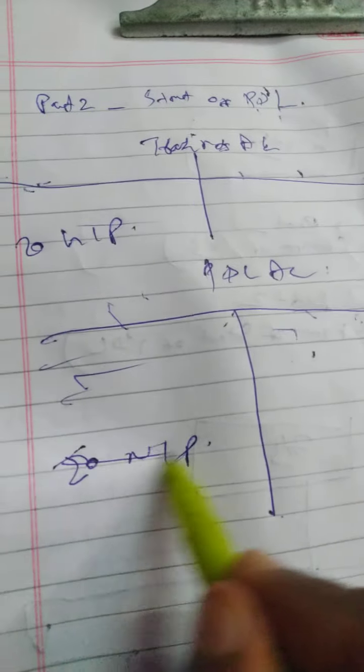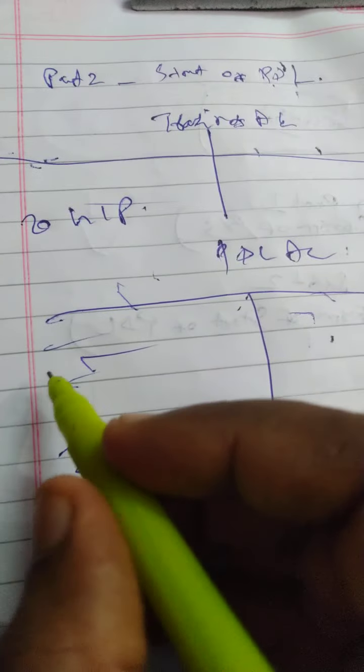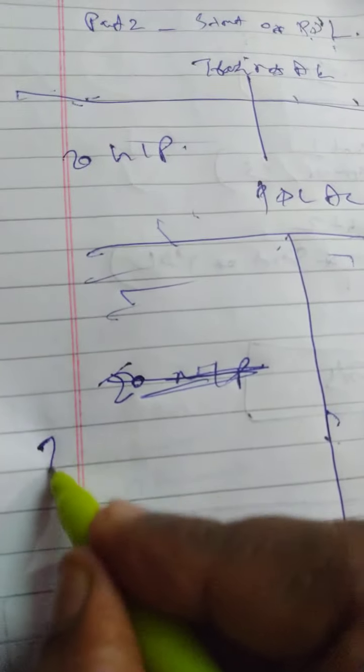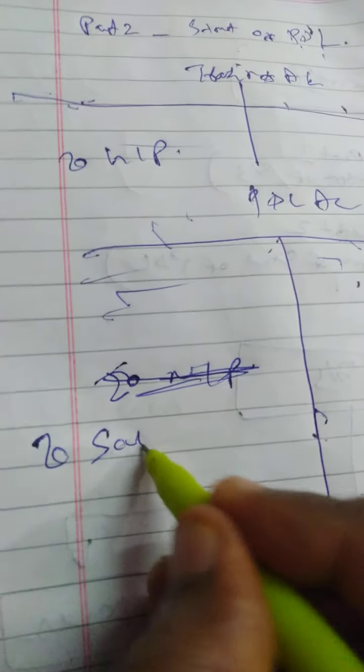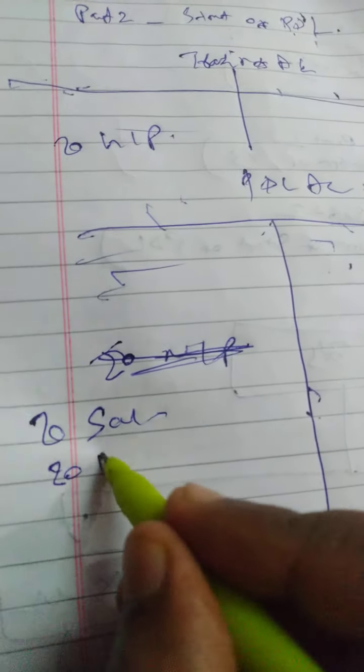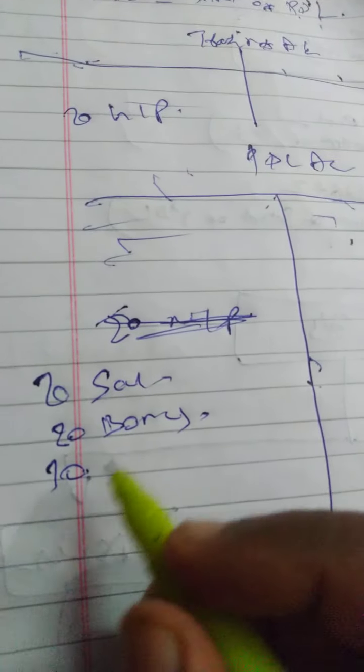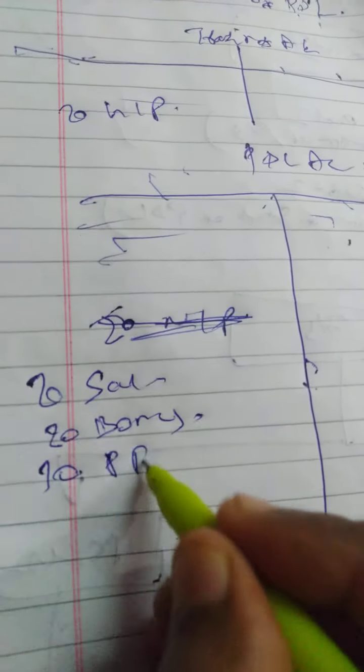For example, in the P&L account in the old days, what would we do? Salary expenses: to salary we will write. If bonus, to bonus we will write. Anything paid to employees. If PF is paid, then PF we will write.